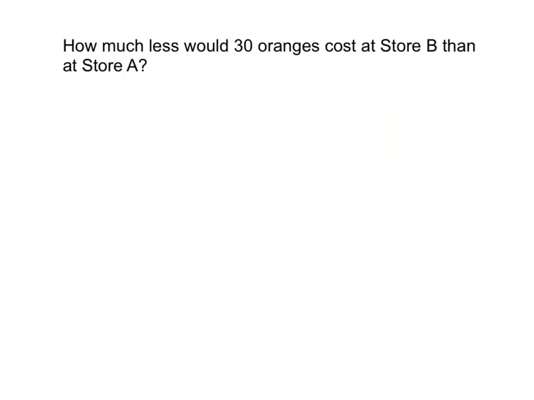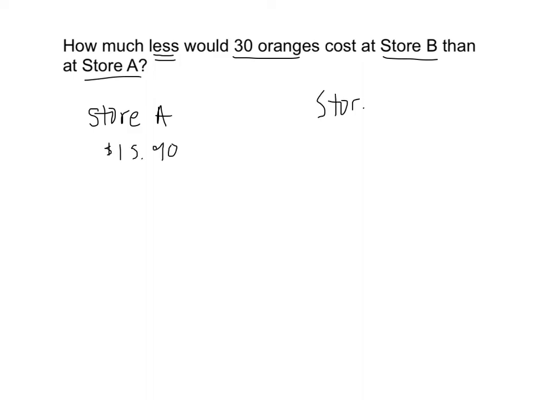The question said, how much less would 30 oranges cost at store B than at store A? Well, we know that 30 oranges at store A would cost $15.90, and at store B, 30 oranges would cost $13.80. Well, how do we figure out how much less these oranges cost?